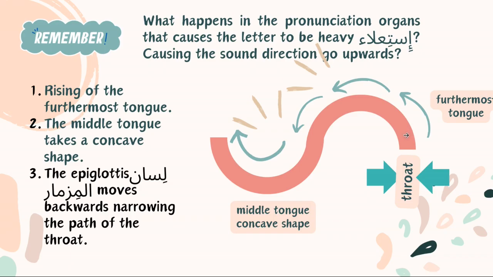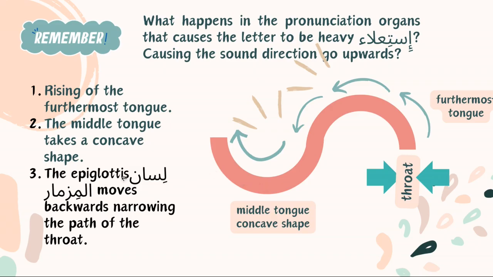Regarding the letters that are elevated, the furthermost tongue elevates upwards, okay? The rising of the furthermost tongue. Remember, we said there are three things that have to happen together so that we can call this letter mufakham, elevated. And then the middle tongue takes a concave shape.